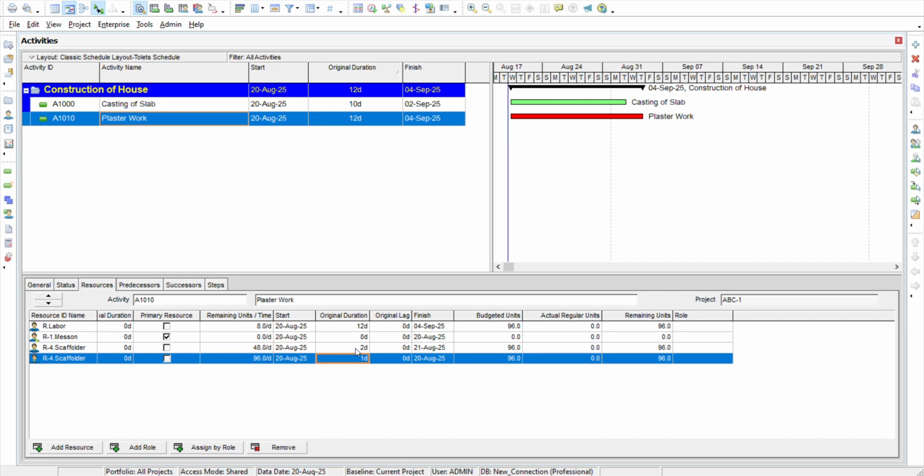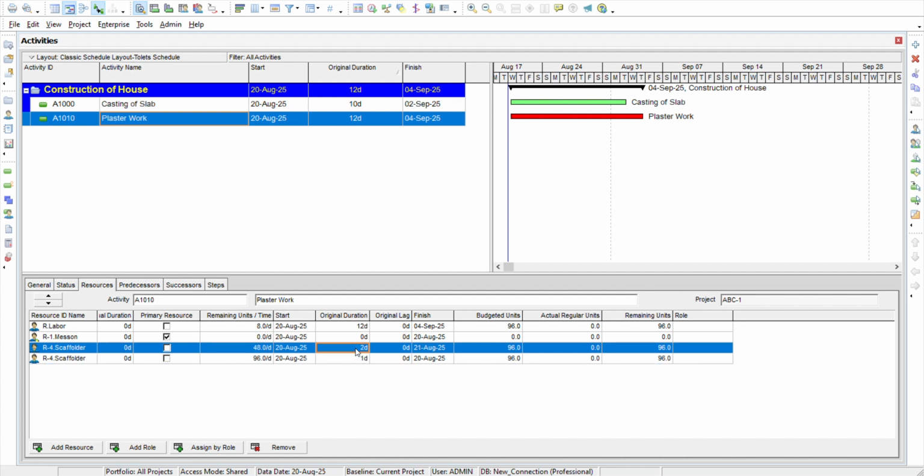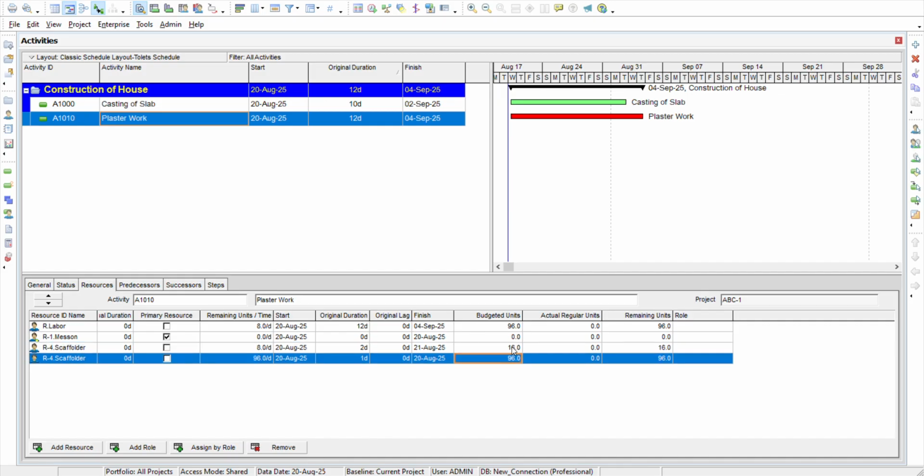So for this, I have set the duration, but you can see that the budgeted units remain the same, but the remaining rate of units over time has been changed. So I will also adjust the budgeted units. For this, I will take 8 hours a day, so it will make 16 budgeted units, and for this it will be 8 budgeted units.